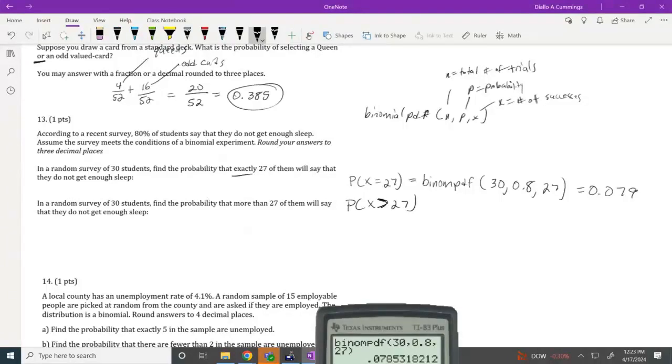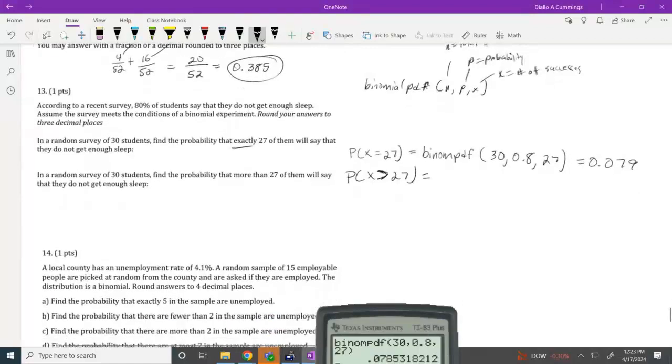So that's the probability that X is greater than 27. Remember, the CDF gives you that number and below. So I'm going to do it like this: P of 0 plus P of 1 plus, and so on.